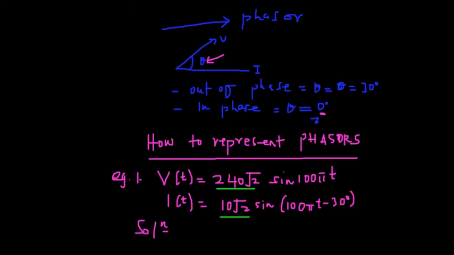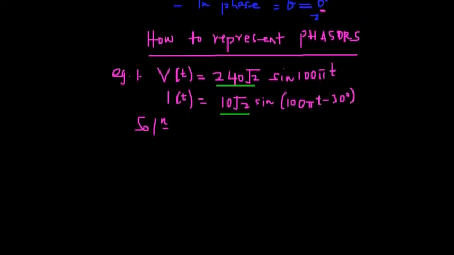So now let's see how we represent that on a phasor. This is a peak voltage of 240 root 2, and this is how we represent that. The reason why this is a straight line is because it has no angle.